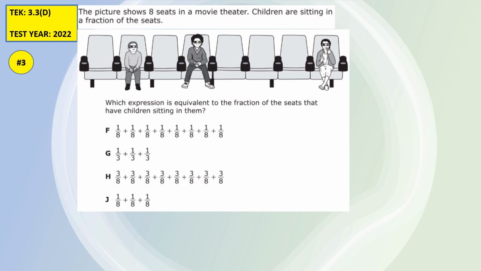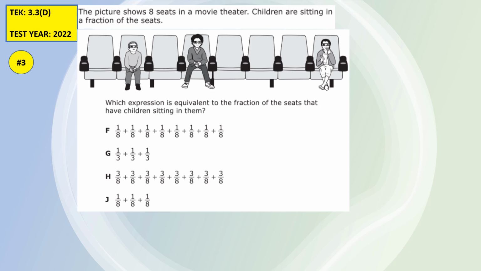So for answer choice F, you have 1/8 plus 1/8 plus 1/8 plus 1/8 plus 1/8 plus 1/8 plus 1/8 plus 1/8. Answer choice G, you have 1/3 plus 1/3 plus 1/3.